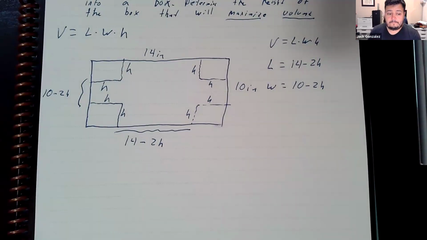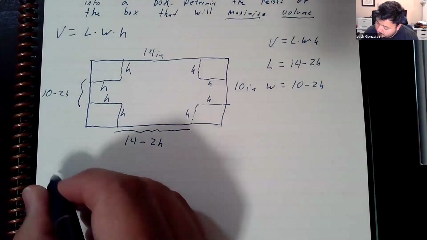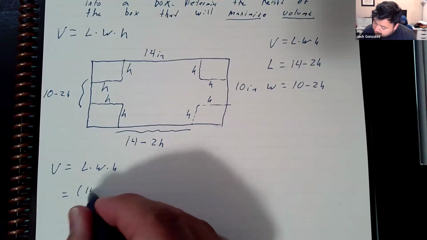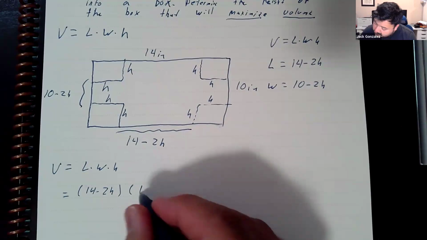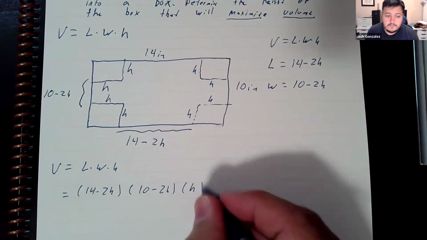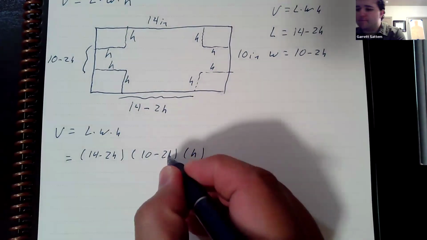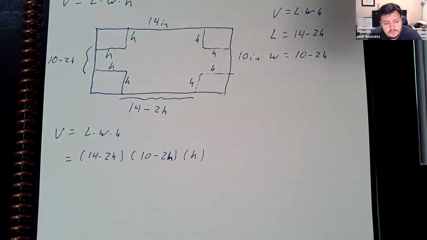So volume is this substitute, that would give us 14 minus 2h times 10 minus 2h times h, right? Multiply all this out. Then we have one dimension and something to maximize, okay?